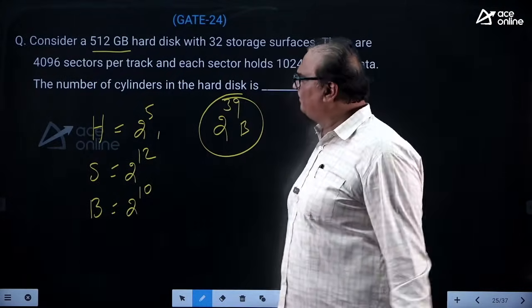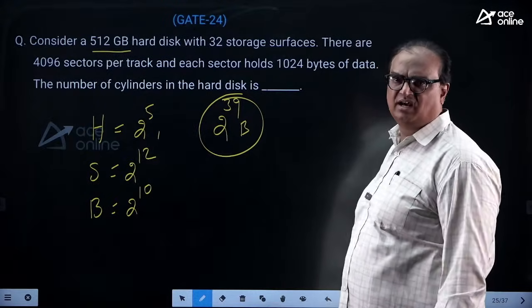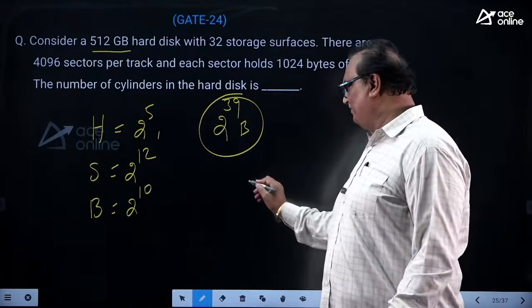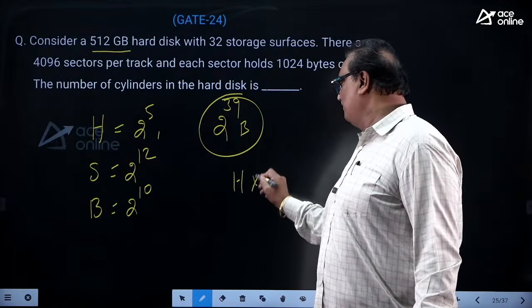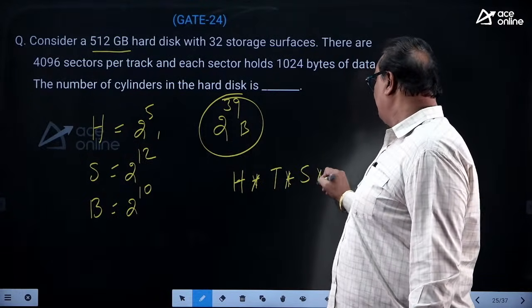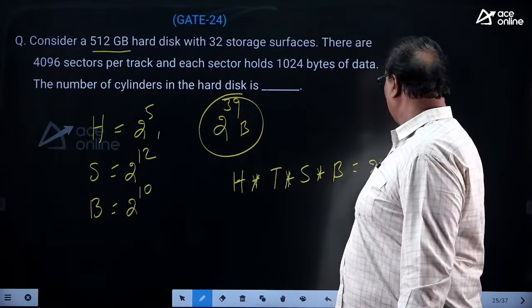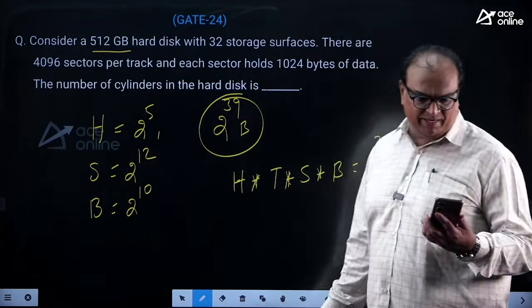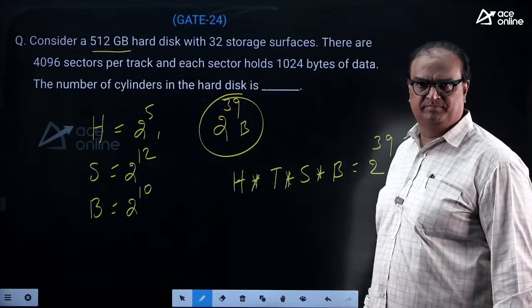He asked for the number of cylinders in the hard disk. Storage capacity of the hard disk is H times T times S times B, which is 2 power 39 bytes. What is T here? Number of tracks per surface.